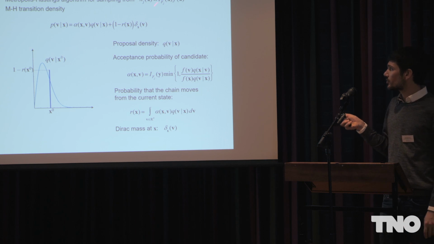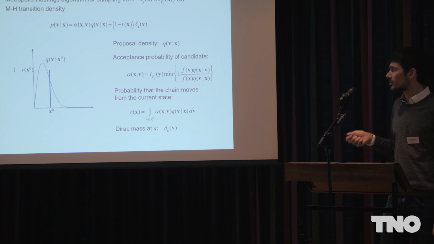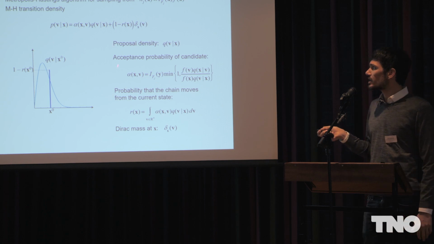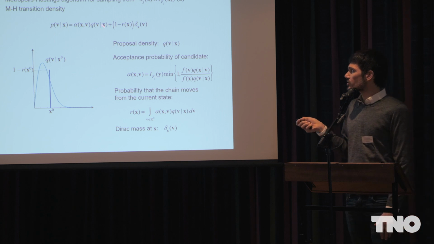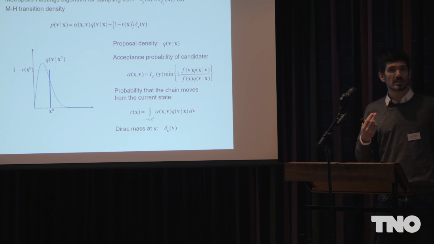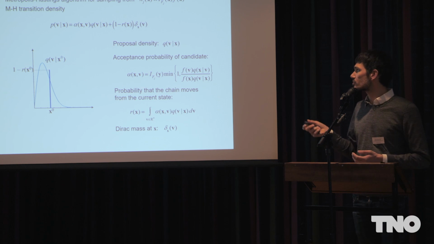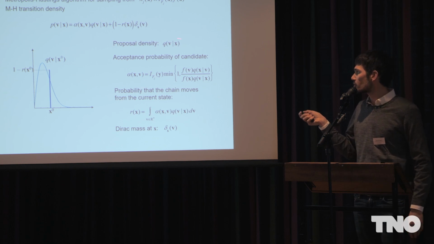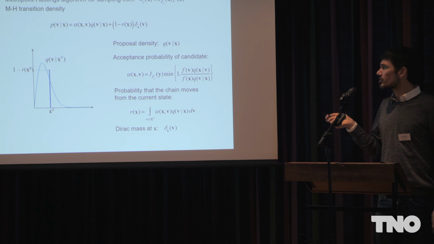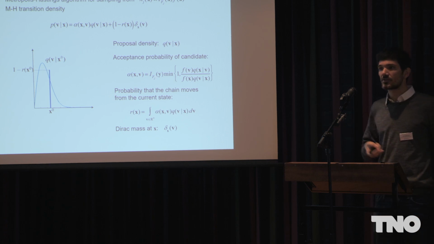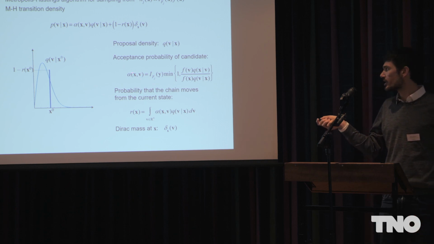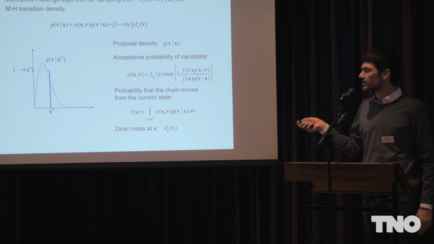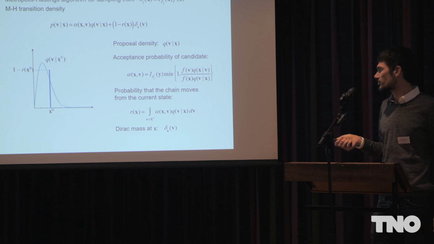The Metropolis-Hastings algorithm for sampling from this target distribution, in this particular case, looks like this. You perform a transition from this transition density, which consists of two components. One component says that I move my samples with some proposal density Q, and the other component says that I will actually reject these samples with probability 1 minus alpha, where alpha is the acceptance probability of my chain.